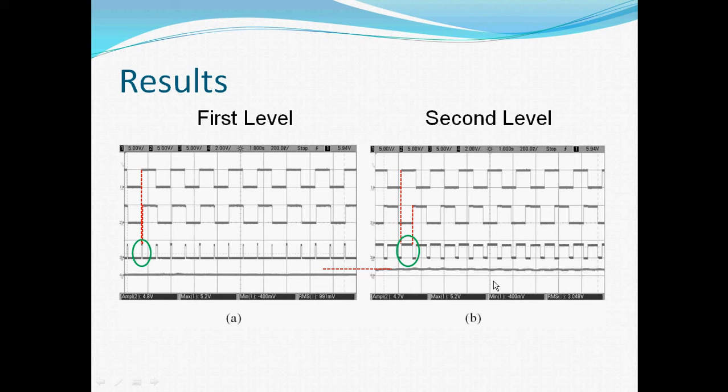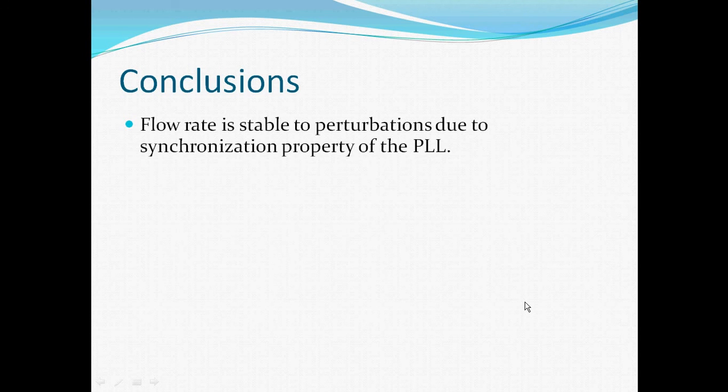As a result, the frequency of the output of the VCO, divided by 2, remains the same as that of the reference input, that is, the flow of the water does not change. From this experiment, it is illustrated that the system is stable to perturbation.